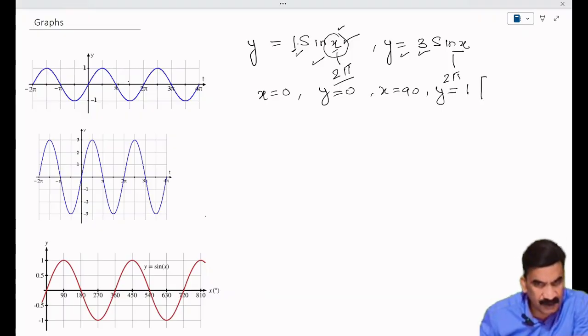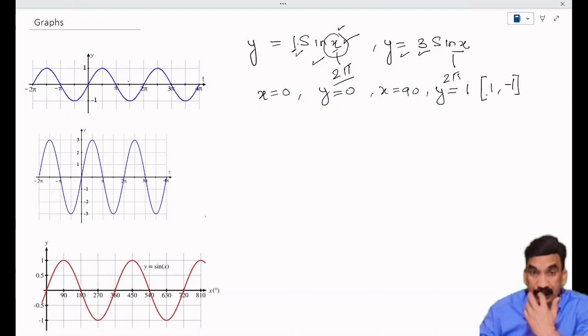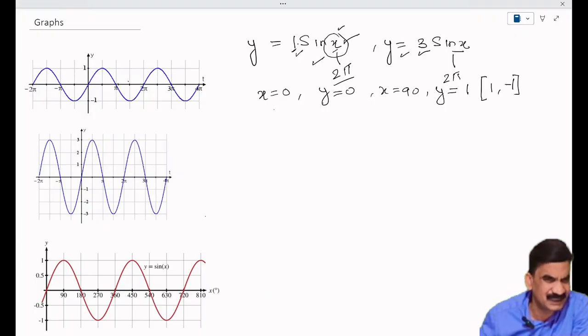I'm sure you would recall that the graph will lie between these two numbers. So it can't be greater than 1 and it can't be less than -1. Pick up some more points, which is 270. You will get -1, and you can take 360, and you will get 0.